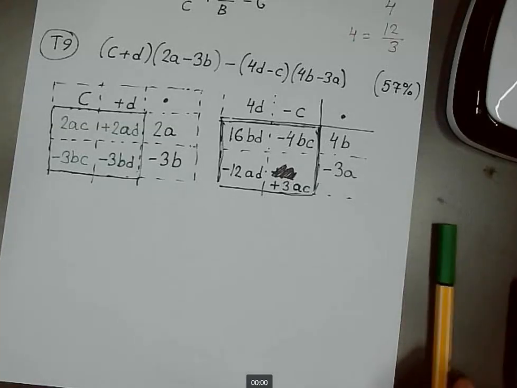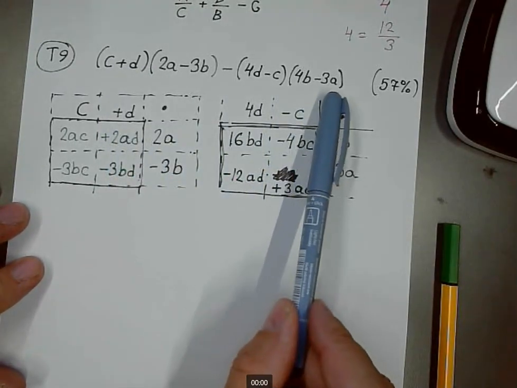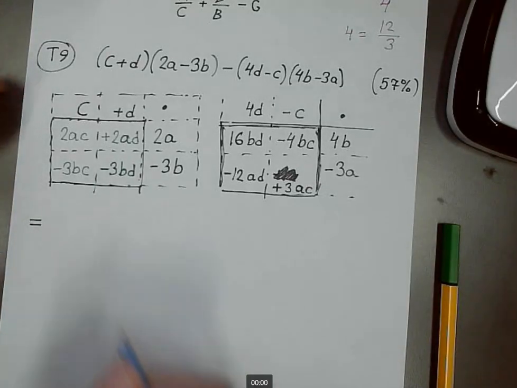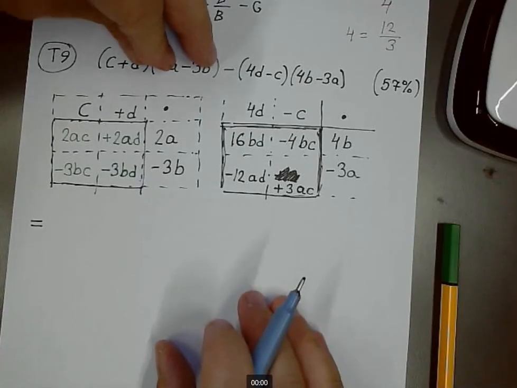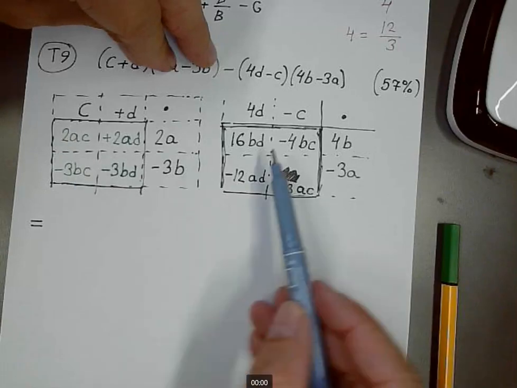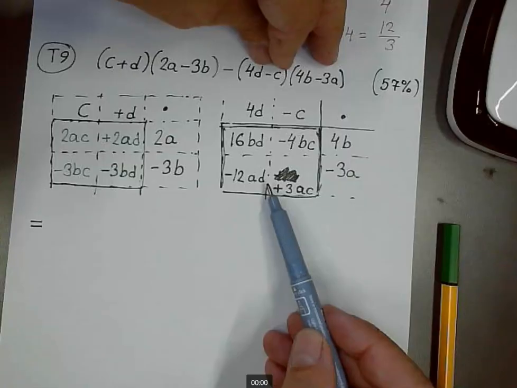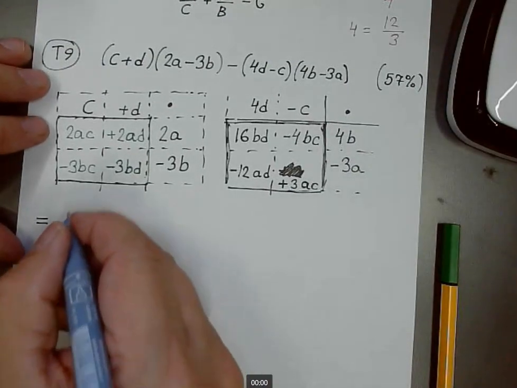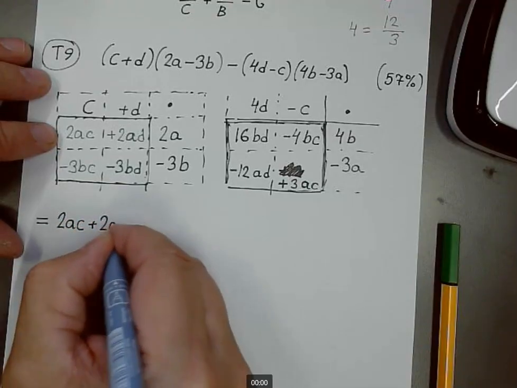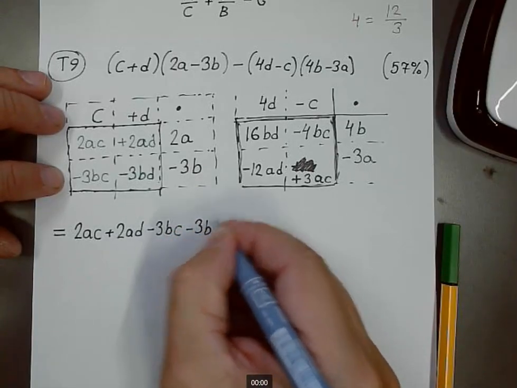So when we continue to this first stage here and go to the second line, we take this here and we get the result here, and then we get the minus sign and get the results from here. So I will write those: 2AC plus 2AD minus 3BC minus 3BD.